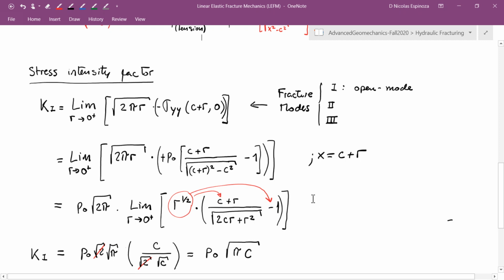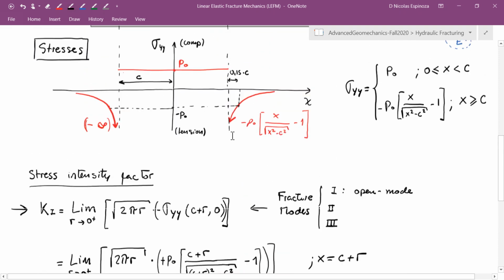The stress intensity factor, Ki, is defined as the limit of the product of the square root of r, where r is a variable which is defined as the distance from the tip, times the stress at that particular location.